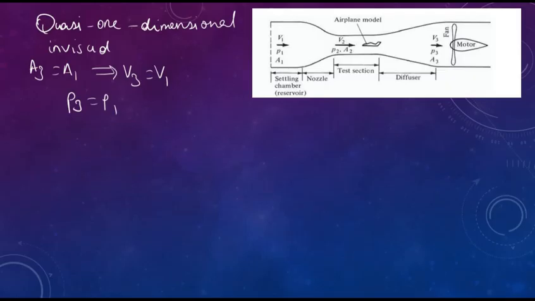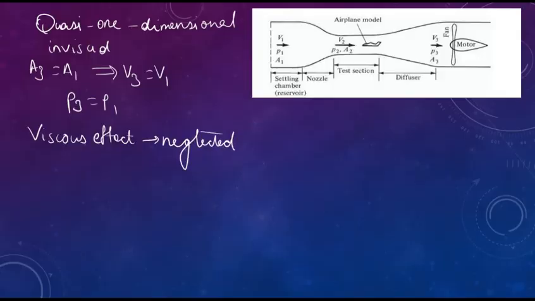Also, the second point is that viscous effects are neglected in Bernoulli's equation. Correct? Now, in an actual wind tunnel, there is a pressure loss due to viscous and drag effects. So my P3 would certainly be less than P1.